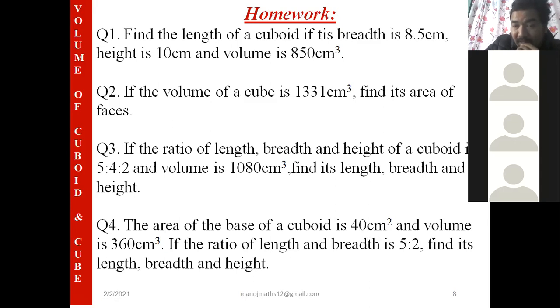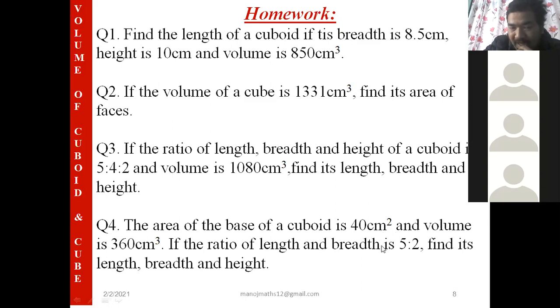Please, do not speak in the middle, okay? I am explaining number 4. Length is 5x, breadth is 2x. Length into breadth means 5x into 2x equals 40 centimeters square.